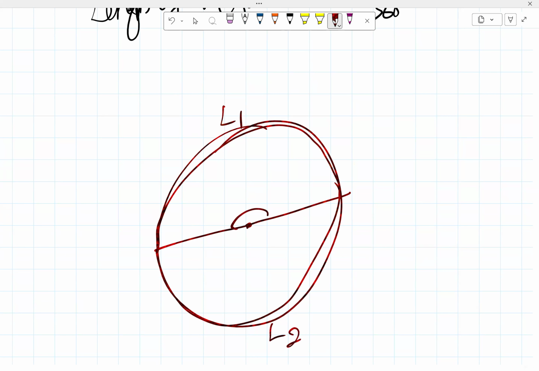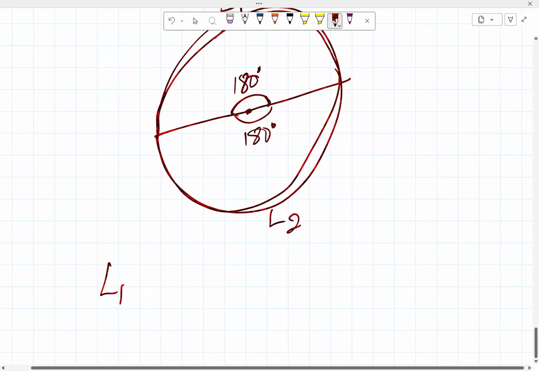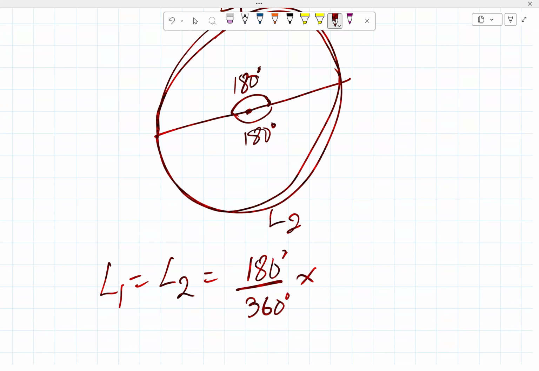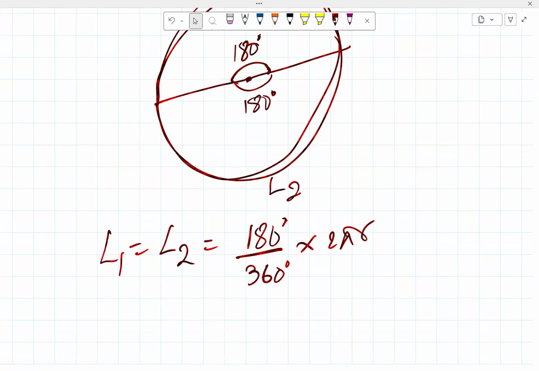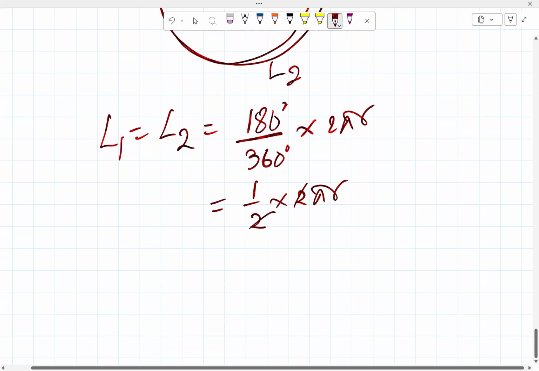Because the angle on a straight line is 180 degrees. I think we saw that in a previous video. This is also 180 degrees. So we see here that L1 is equal to L2. That is simply equal to 180 degrees over 360 degrees times 2 pi r. So that means we have 1 over 2 times 2 pi r. So ultimately this is pi r.